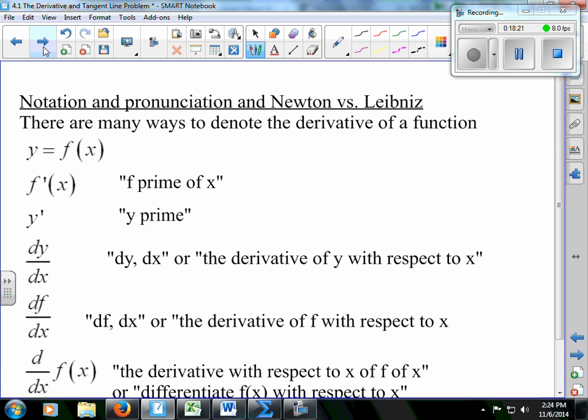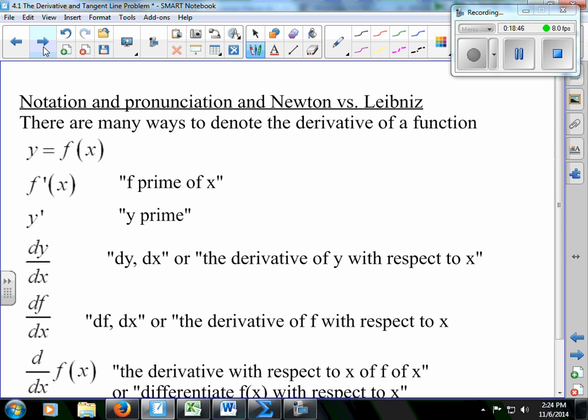So there's a big controversy over who should get the credit, and this continues throughout all of the tensions between France and England. And so as people are starting to study calculus more and more when this discovery occurred, you kind of pick a side, and based on whose side you pick, you write things differently.